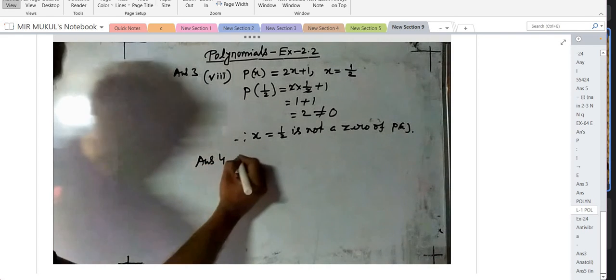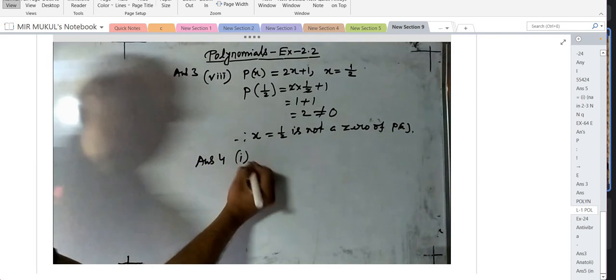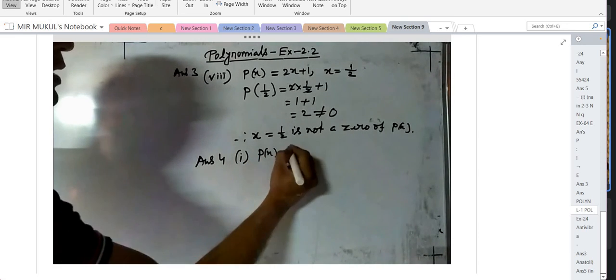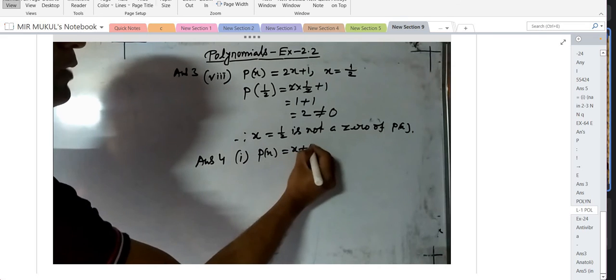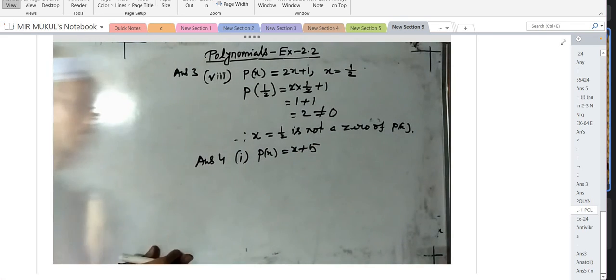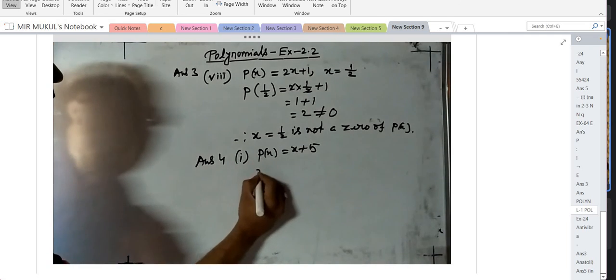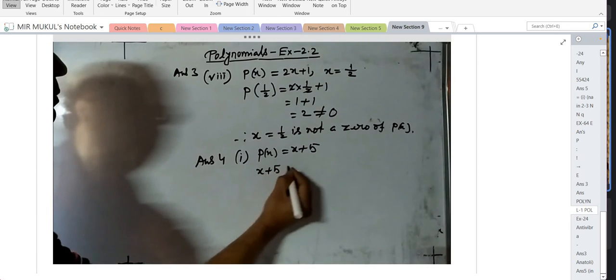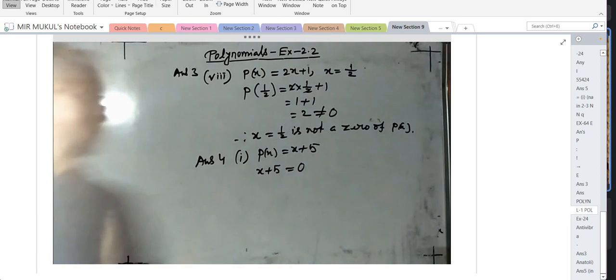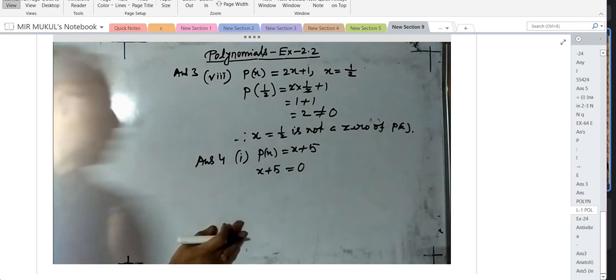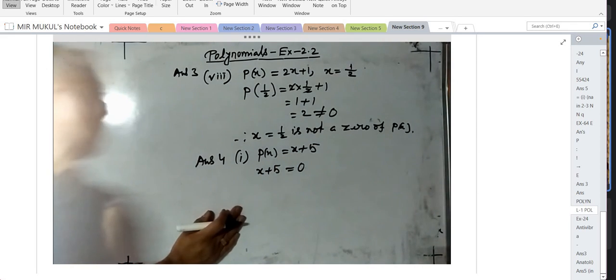Answer 4. One question I am showing, that is the first one, p(x) equals to x plus 5. Here we have to find the zero of this polynomial. If you want to find the zero of the polynomial, then x plus 5 should be 0. This part, x plus 5, will be 0. Then we can say that the value of x is the zero of the polynomial.